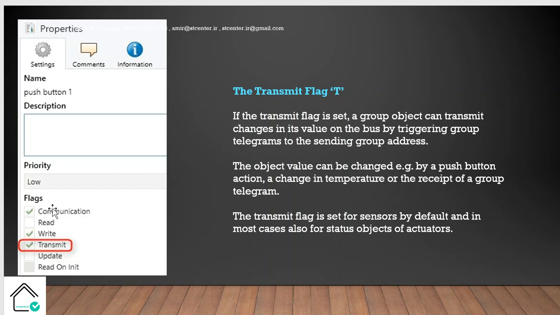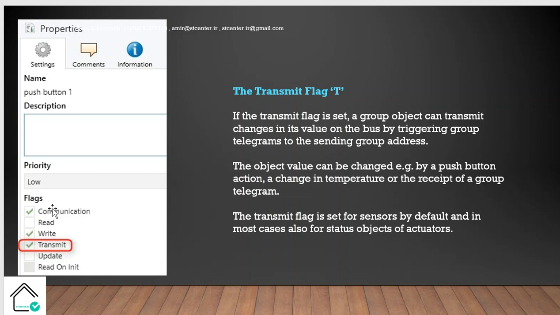Sensors are devices at the field level in BMS. They collect data from the physical layer. For example, you push the push button, or the motion sensor detects motion in a room. It collects the data, and because the T flag is on, the new value is sent on the bus.